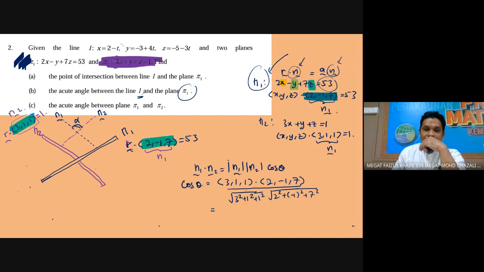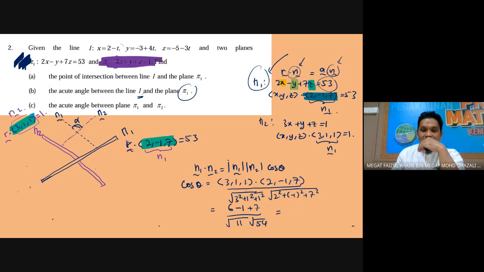So 3 times 2 equals 6. 1 times -1 is minus 1. 1 times 7 equals 7. Then 3 squared is 9, 1 squared is 1, so 9, 10, 11. And here, 2 squared equals 4, -1 squared is 1, 7 squared is 49, so 49, 50, 54.